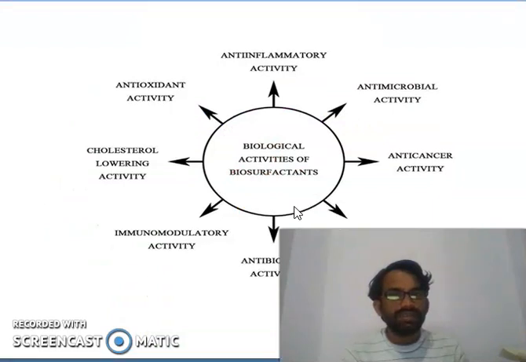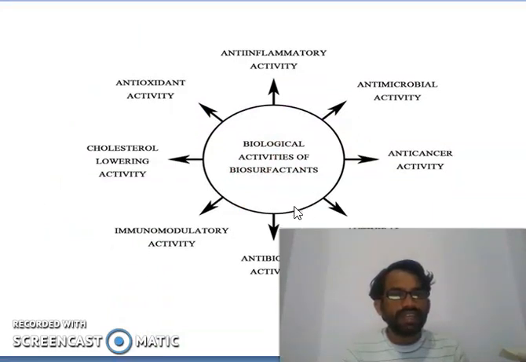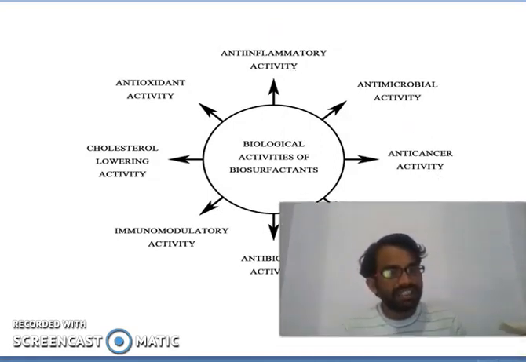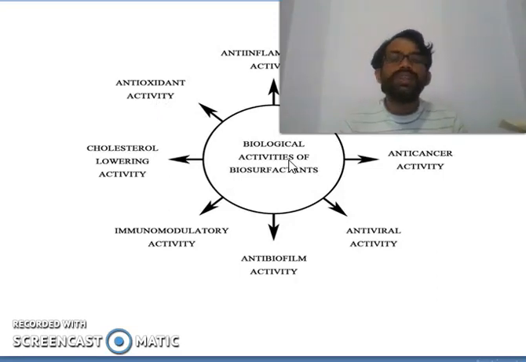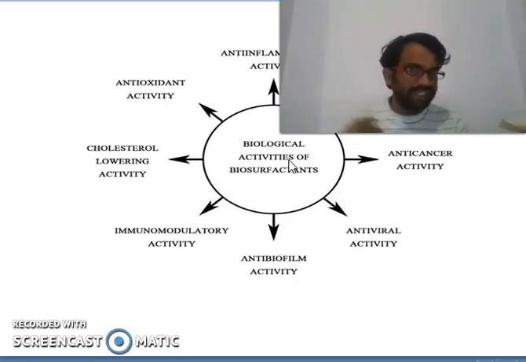You can see the flow chart. Here are some of the biological activities: anti-inflammatory activity, antimicrobial activity, anti-cancer activity, antiviral activity, anti-biofilm activity, immunomodulatory activity, cholesterol lowering activity, and antioxidant activity. These kinds of biological activities you can do if you synthesize any molecules or drugs.